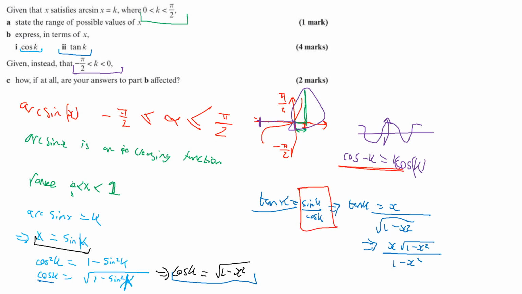And if cos remains the same, then tan has to remain the same as well, because we're dividing by cos. So all it is, is understanding how the graphs work, and then we can use the manipulation of the identities to explain how tan works.